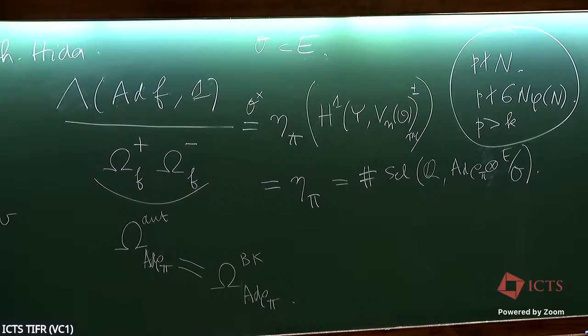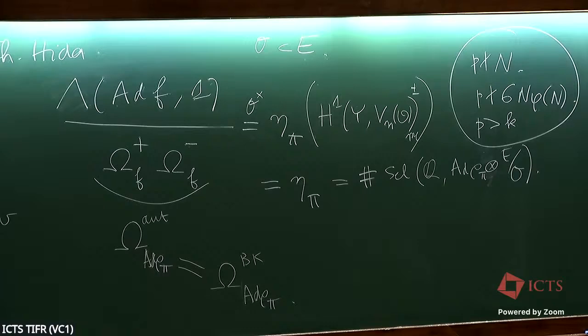So, okay. This is the first theorem. Now we want to state more theorems of this type. As I said, it is some work, of course, but it's not so hard. They all follow the same line of proof, which is to relate the adjoint L value to a Petersson product, Petersson norm.